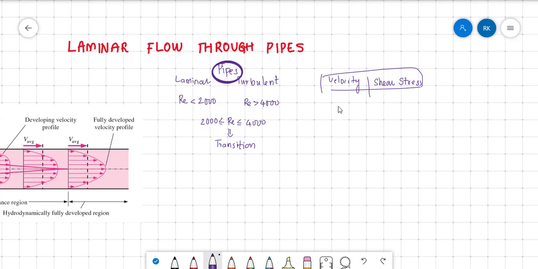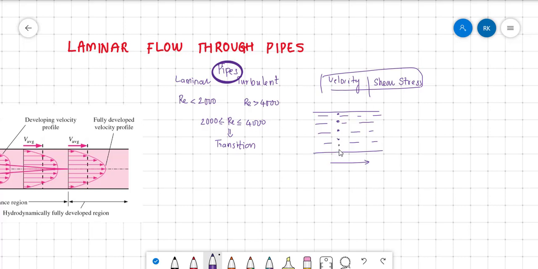First, let us understand how the velocity will be present in the fluid. If the fluid is traveling in this direction, the velocity will not be the same at all points. Here the velocity will be different, here the velocity is different, here another velocity, here another.